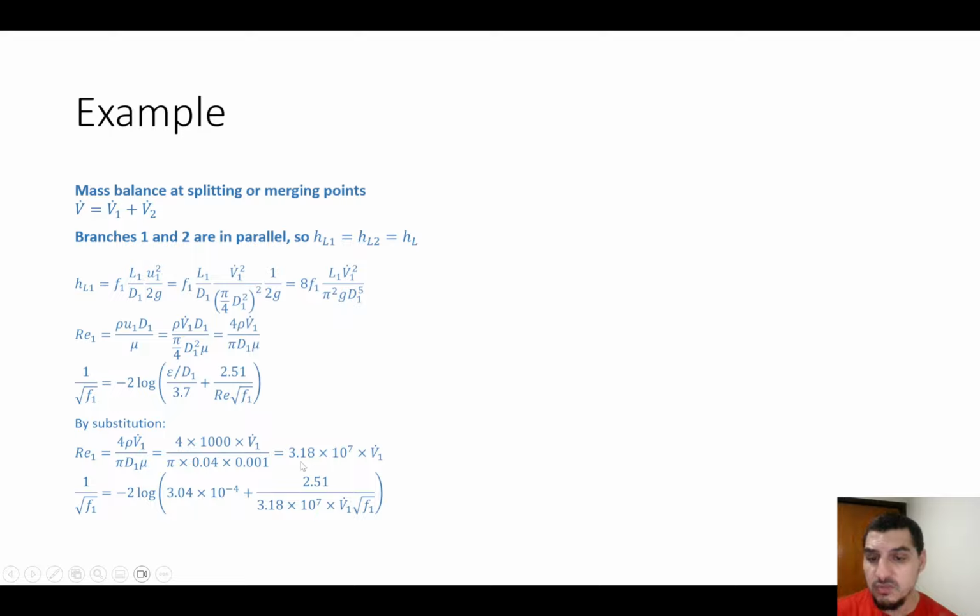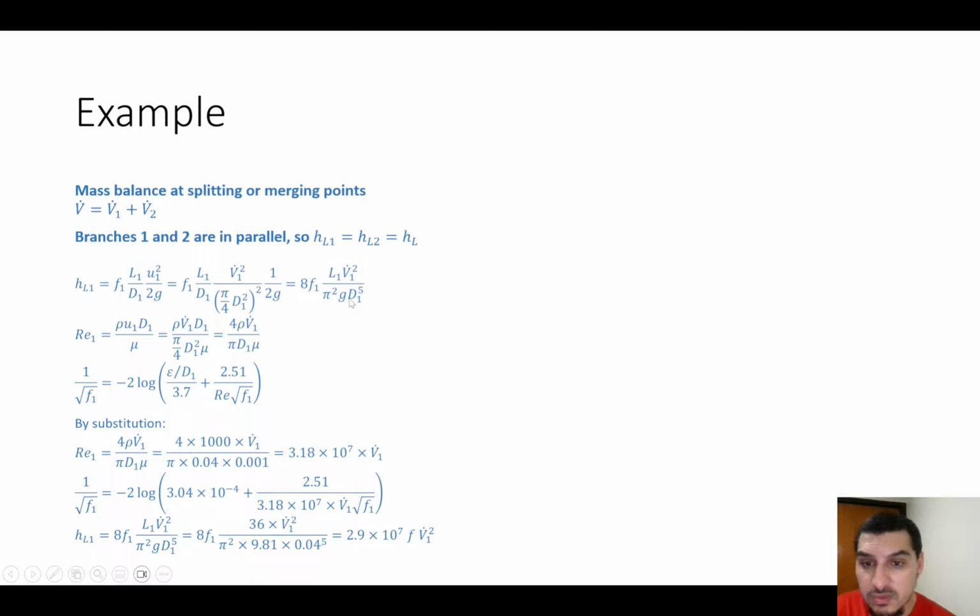Okay, so now we substituted with the Reynolds number here, which is this number, because we already calculated the Reynolds number from this relation, so we have the Reynolds number as a function of V dot 1, and epsilon over D is already known, so it's divided 3 over 7 will be this number, and we can put HL.